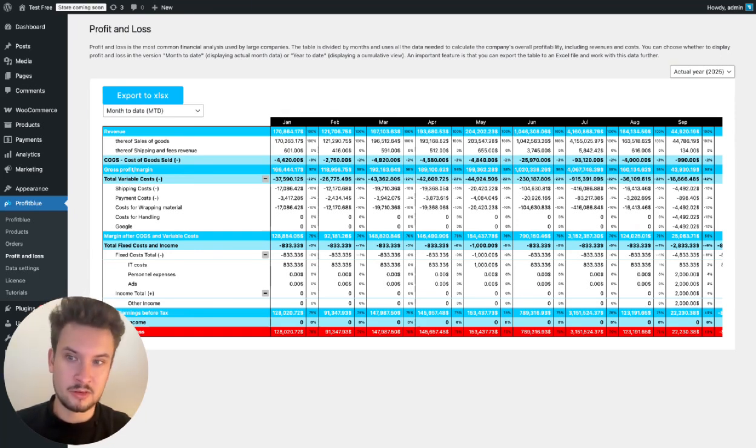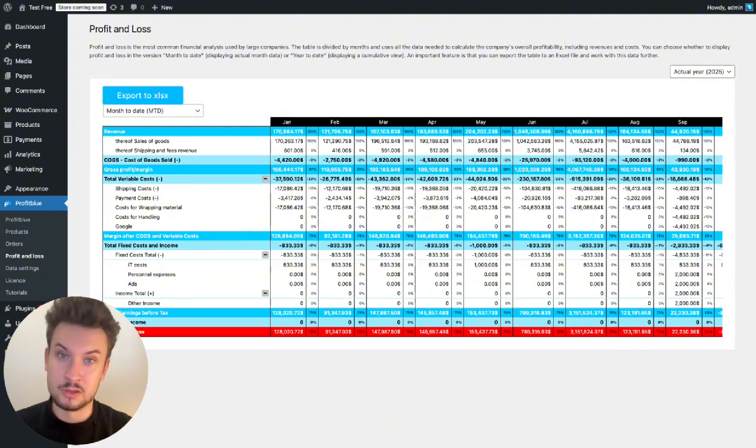If you know these terms, if you know how they are used, you have a big competitive advantage compared to your competitors, because they probably don't know about it.